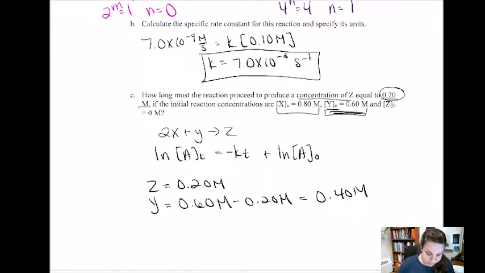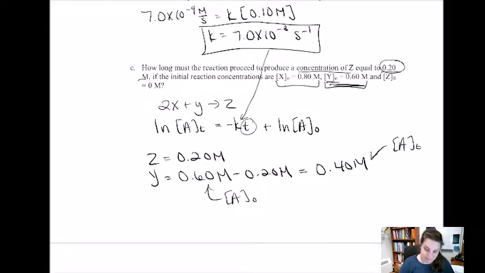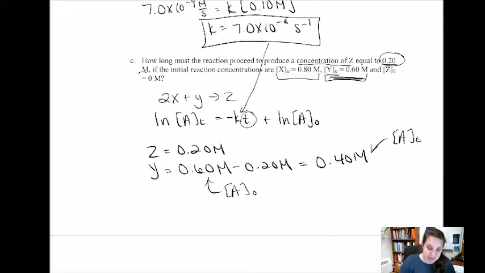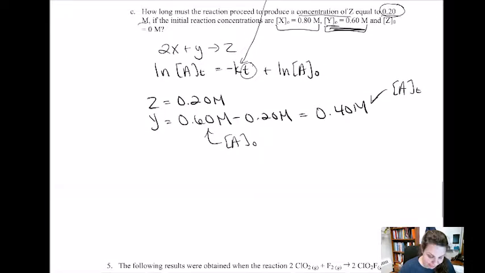Now, we're going to take this. This will be our A at t. This will be our A0. We have our K value from above. We're going to solve for time. So this is a tricky way of doing this. I hope you guys are paying attention because this one's a good one.